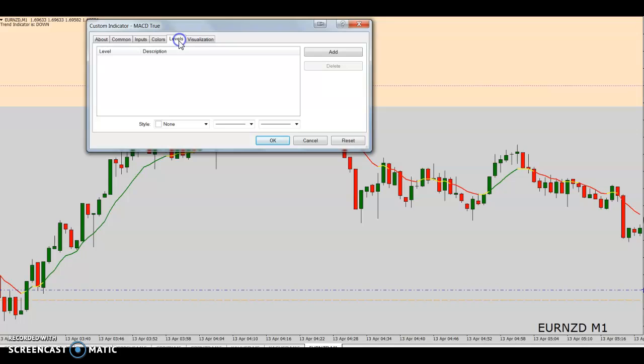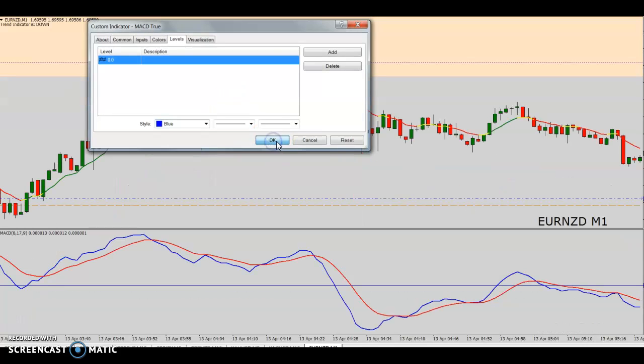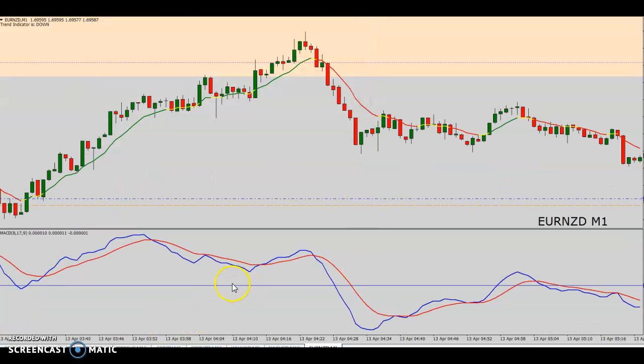And I'm also going to add a midline, a 0 level. I'm going to create that blue because that helps me see it better. So here is the midline 0 and my red and blue.